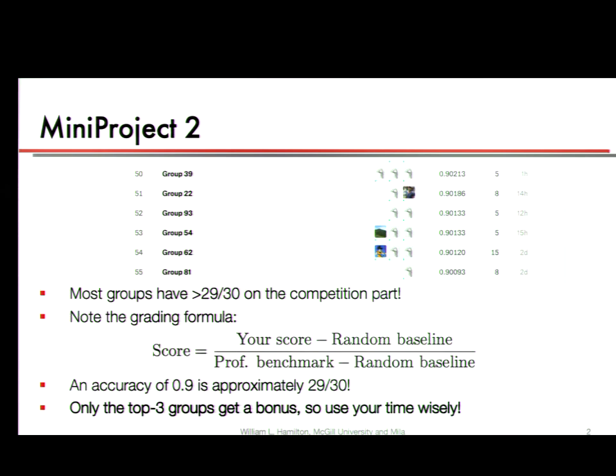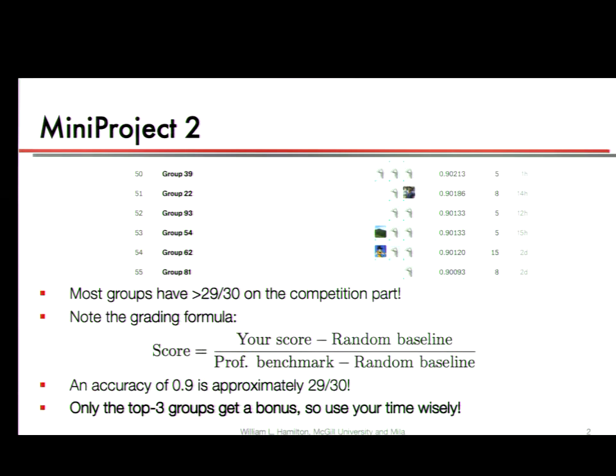If you're around here, you're fighting for probably half a point at most, on an assignment that's worth 15%. So it's a very minor part of your grade. I would recommend focusing on the write-up, unless you really are having fun and want to try to get those bonus 5 points. If you're around 90, you're doing very, very well.